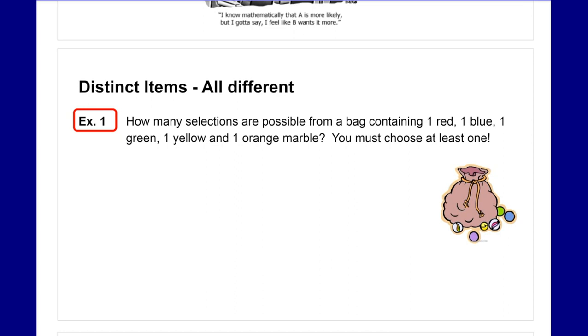Basically, how many different ways can we pull something out in terms of having them in our hands, not in terms of how we pull them out, but just the marbles that we might get. That indicates it's a combination. The second thing is must choose at least one, which means there are multiple cases.